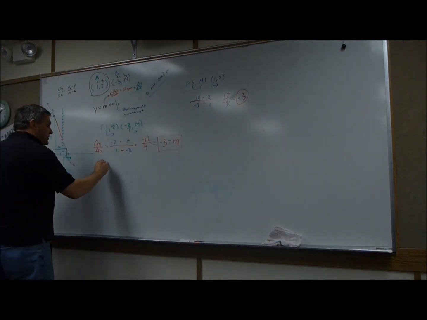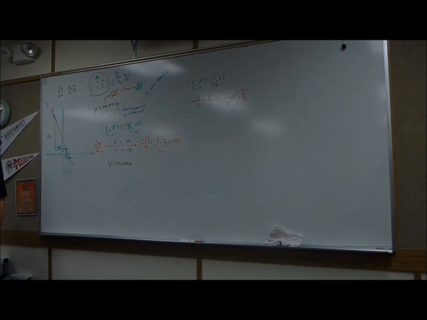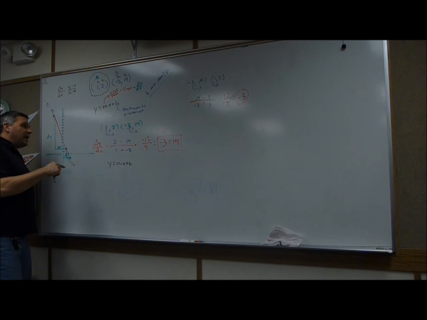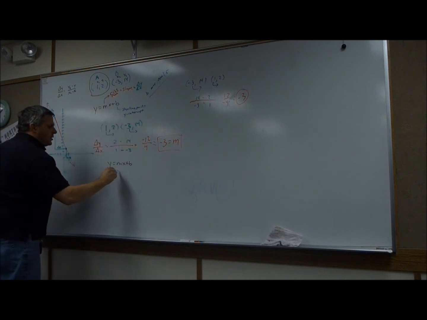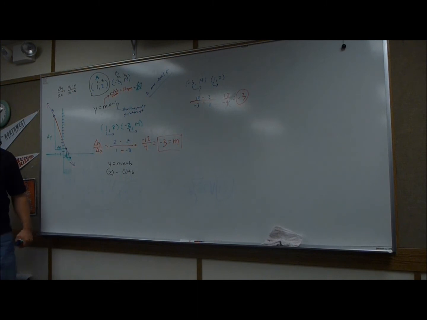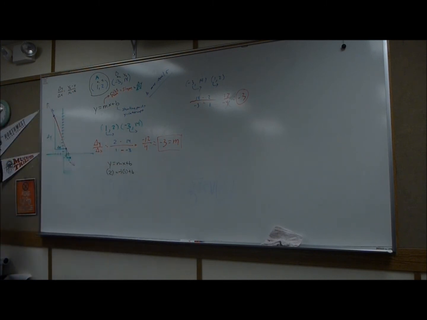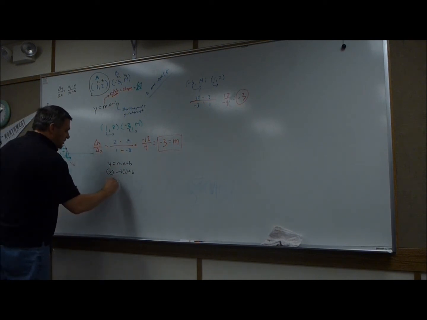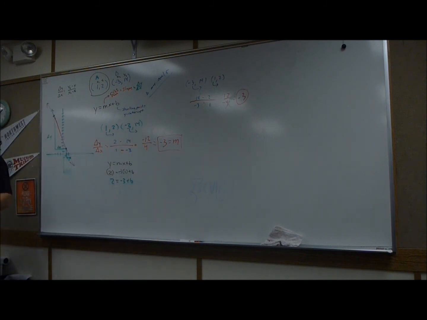The way I do this is I have y equals mx plus b. That's my golden equation. I'm going to plug in x and y. My y is 2. My x is 1. What's my m? Minus 3 over 1. Now I do the math. 2 is equal to negative 3 plus b. And now we go back to that whole solving.